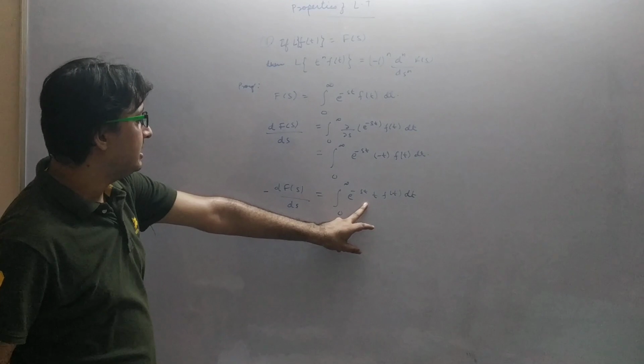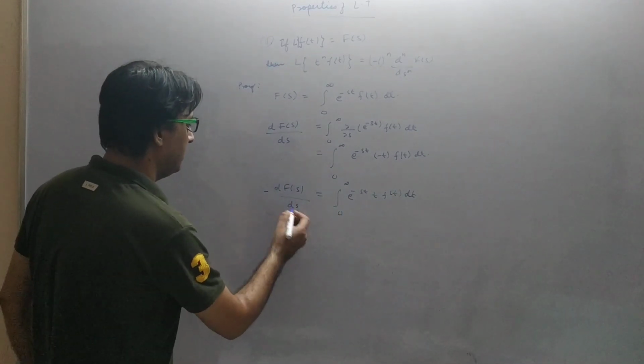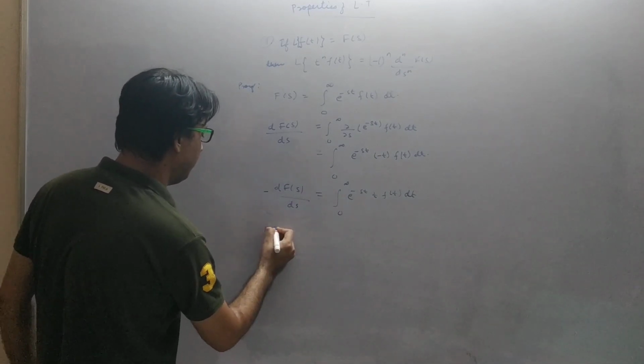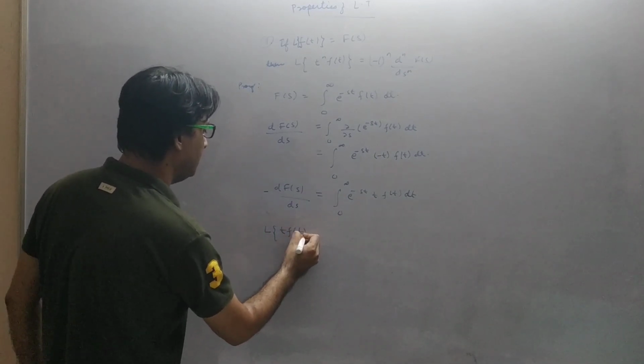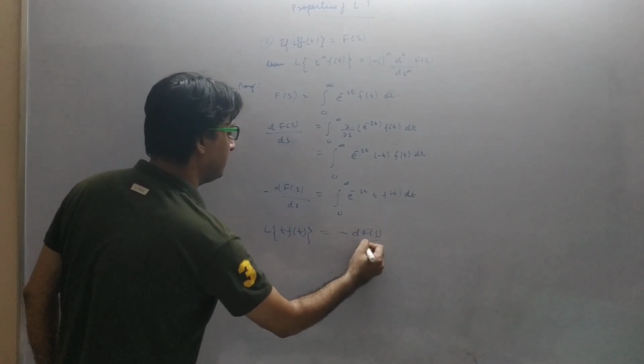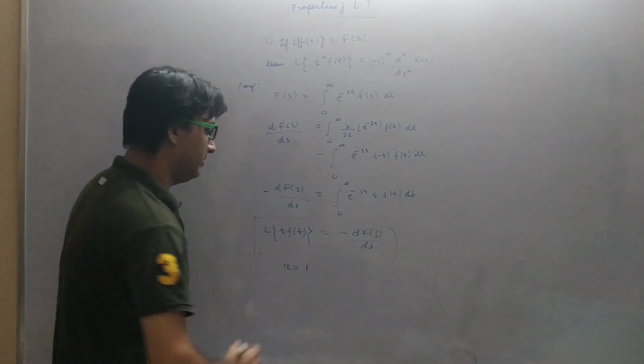Now this is the Laplace transform of t f(t). We can reverse this equation and write Laplace transform of t f(t) is equal to minus dF(s)/ds. This is for n is equal to 1.